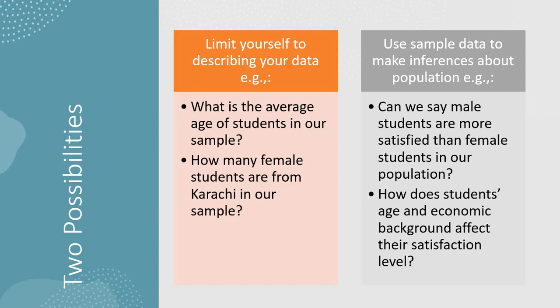So you might want to ask yourself, can we say male students are more satisfied than female students in our population? In our population, that is the key point. Now you are not asking the question about your sample. You are asking a question about the population. Similarly, you might want to ask, how does students' age and economic background affect their satisfaction level?